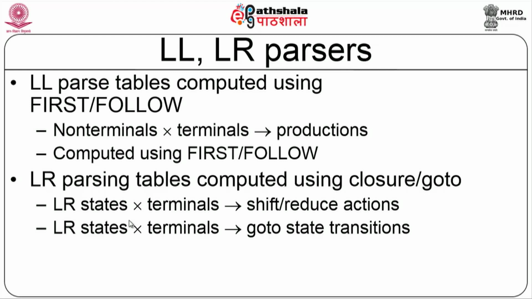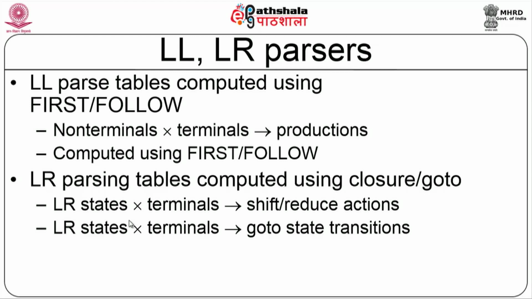And there is no prerequisite for LR parsing, SLR parsing, canonical LR or lookahead LR parsing. The only addition is that you have to convert the grammar into an augmented grammar by adding one production as a start production, where you introduce a start symbol and add that as a production, and then continue with your parsing action. So this is what we have done with respect to the LR parsing table.